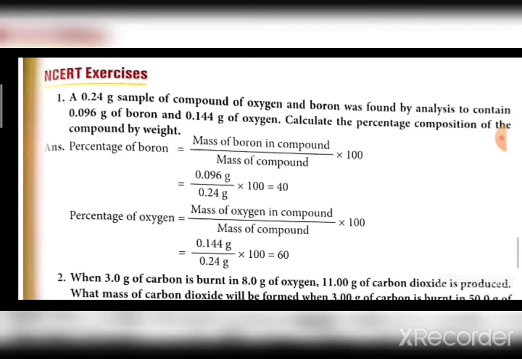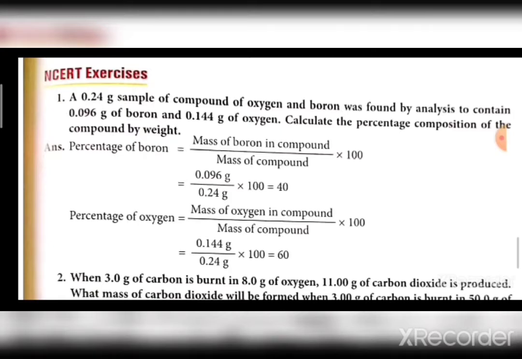So percentage we can calculate with the help of formula: mass of boron in the compound upon mass of compound in total, multiply by 100. So 0.096 is the mass of boron upon 0.24 gram is the mass of sample, multiply by 100. So we will get 40.